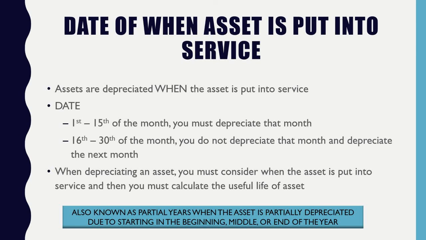Whether it's in the middle of the year, whether it's in August, whether it's in December, you can do it whenever you want, because when we depreciate our assets, it's based on its useful life and, like we've mentioned before, the day that you place it in service is the day that you start depreciating it. So with that concept, that's where partial years come into play, because in most cases depreciation is an adjustment entry, so it's going to happen either at the end of the year or at the end of every month.